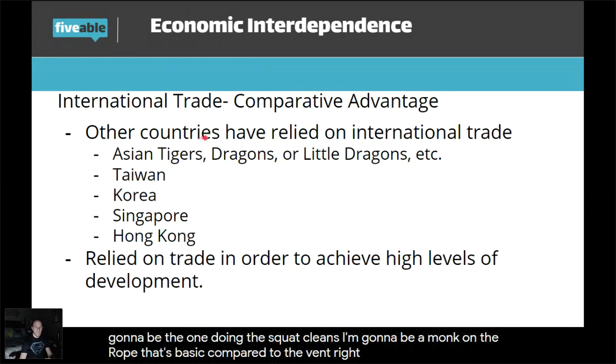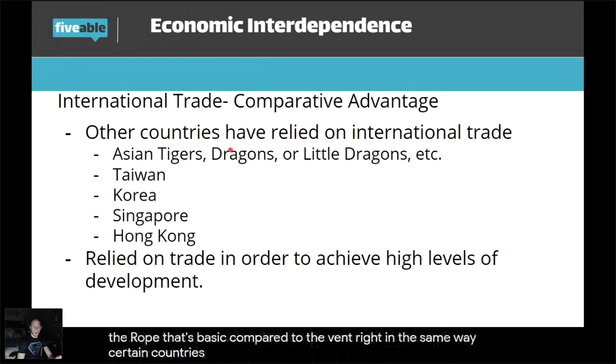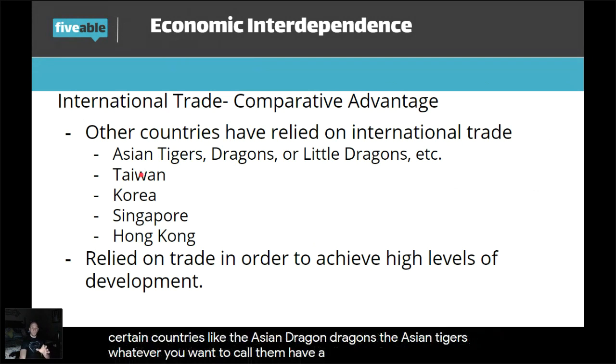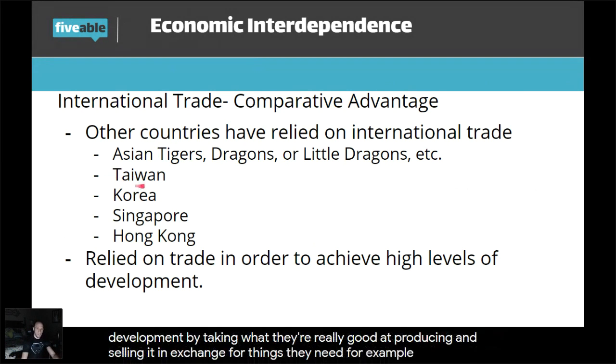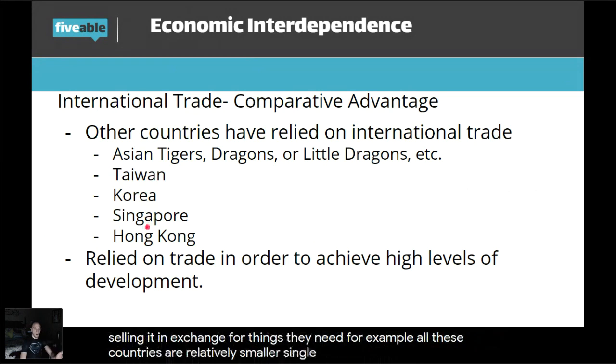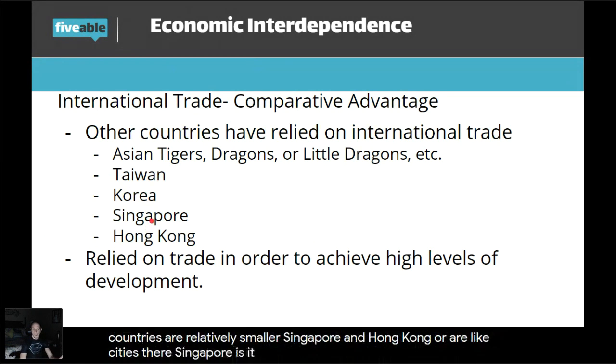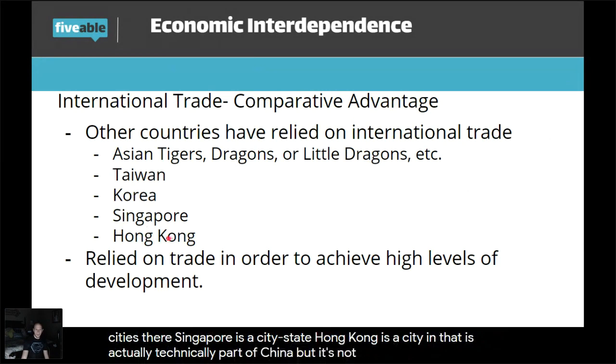In the same way, certain countries like the Asian dragons, the Asian tigers, whatever you want to call them, have risen up the ranks of development by taking what they're really good at producing and selling it in exchange for things they need. For example, all these countries are relatively small. Singapore and Hong Kong are like cities. Singapore is a city-state. Hong Kong is technically part of China, but is not economically like them.